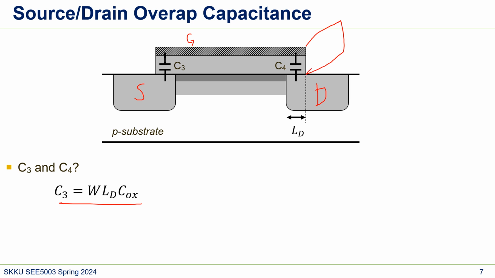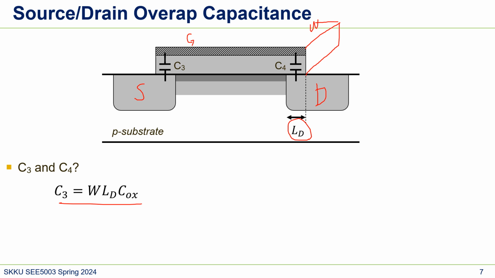Well, it's a bad drawing, but this gate looks like this, and this is W, right? So W times this LD, this overlap, gate to source or drain. So W LD and then COX, that's the parameter for capacitance.